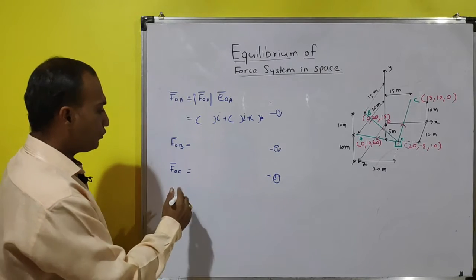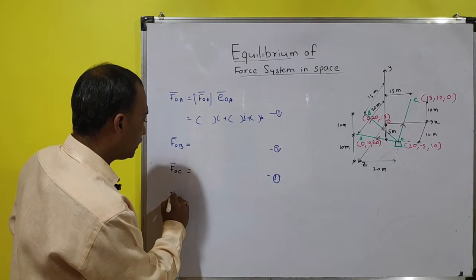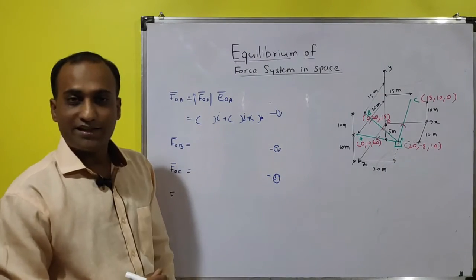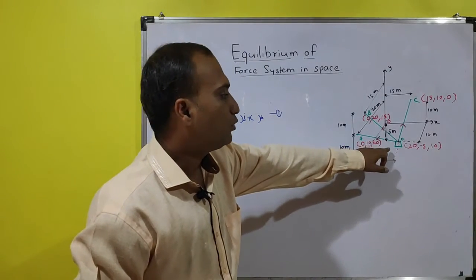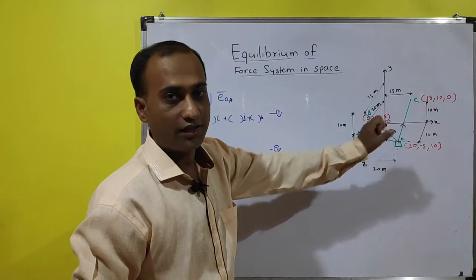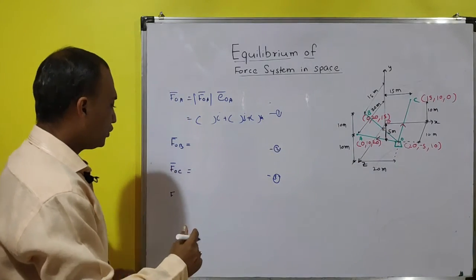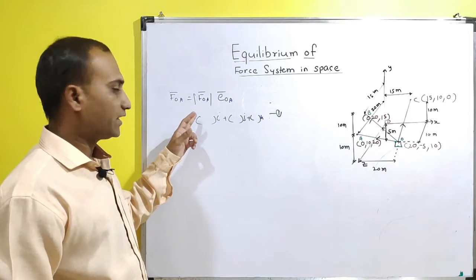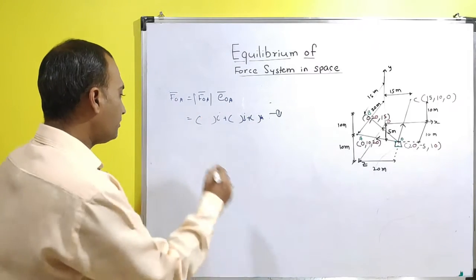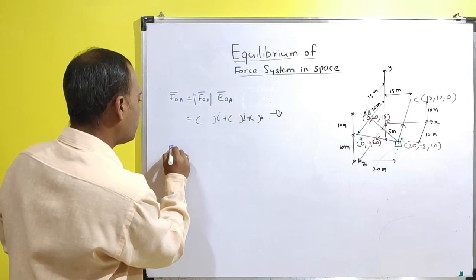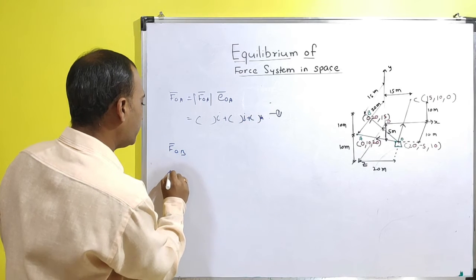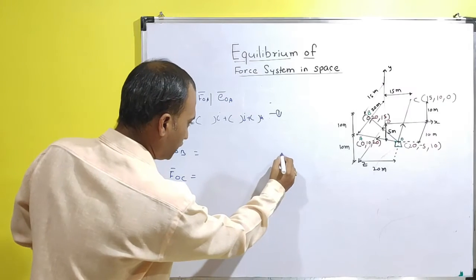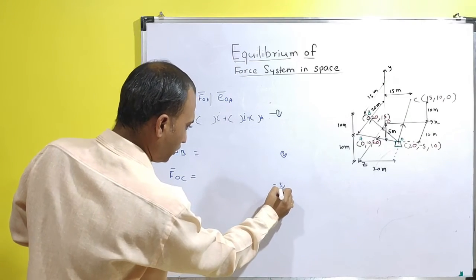Similarly, you have to write the force vector equation for this load W. This is an example where this load W is balanced by these 3 cables.